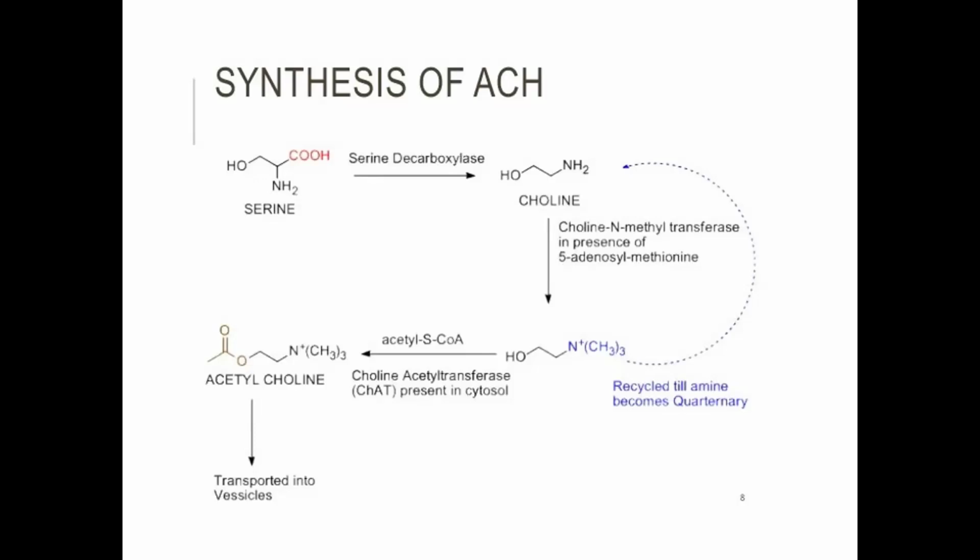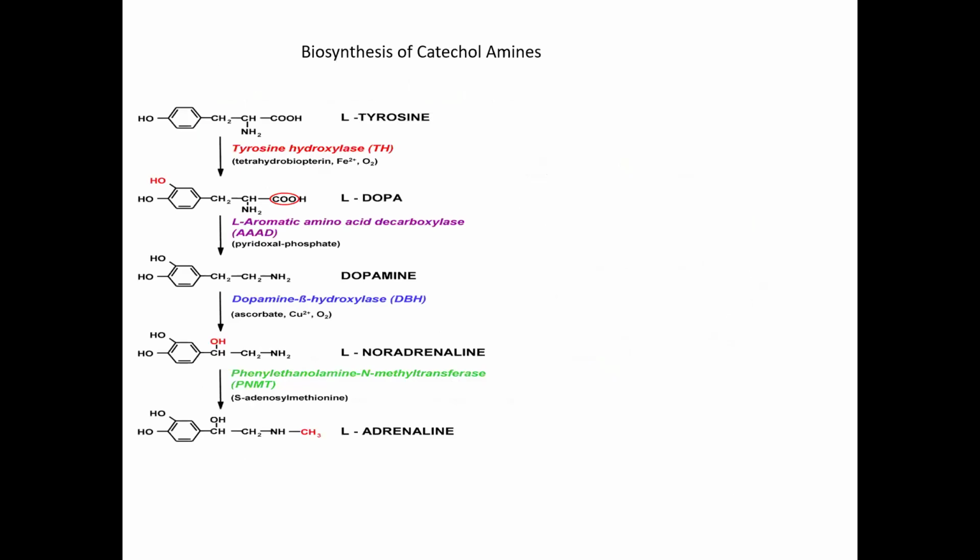Biochemistry is pretty good because methyl transfer means transferring a methyl, and decarboxylase means it's decarboxylated. They have pretty good names. From choline, they make these methyls, and then for acetylcholine they stick an acetyl group on, and remember, it gets transported to the vesicle. Which is pretty simple. So that's the first one.